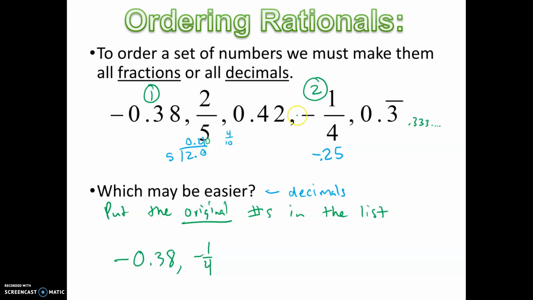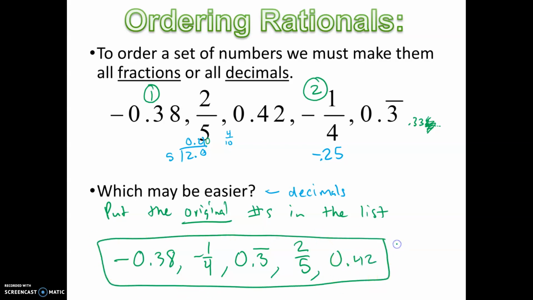Now we can compare them a little bit easier. So 0.33, 0.42, and 0.40. Now I can see them a little bit more clearly. 0.3 repeating, 0.40, which is 2/5 from the original list, and 0.42. Okay. That's all we're going to do on that one.